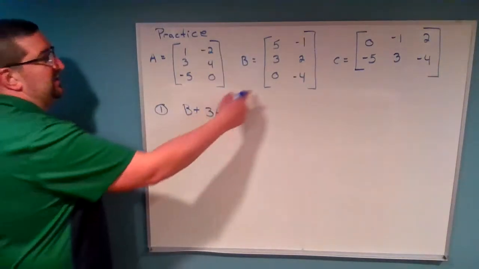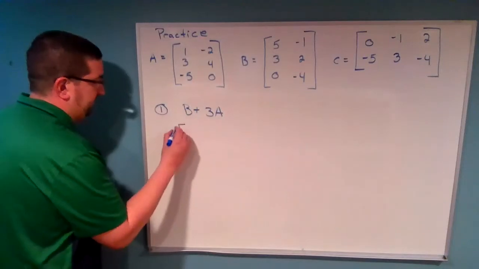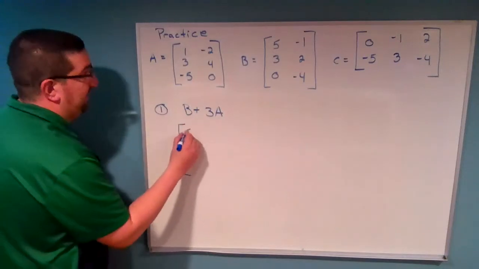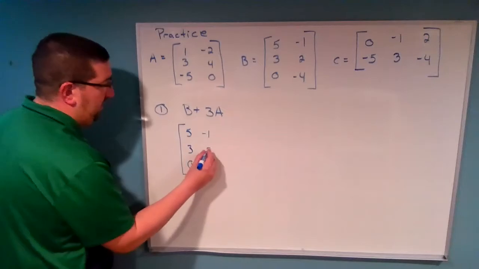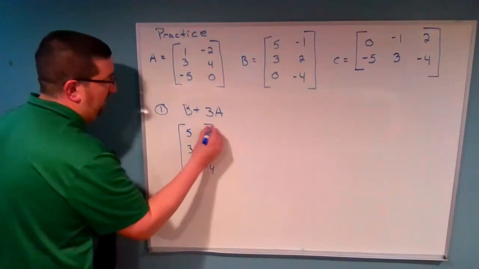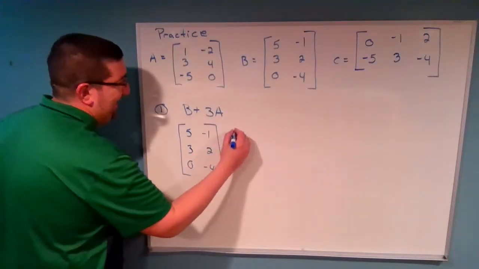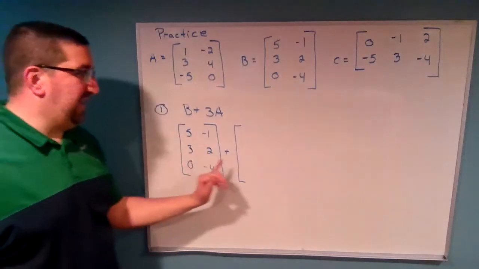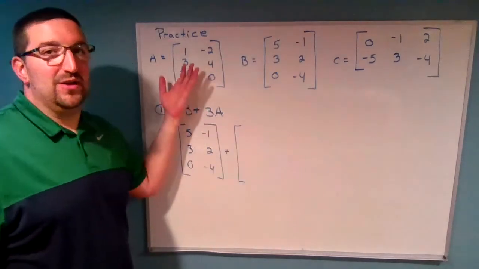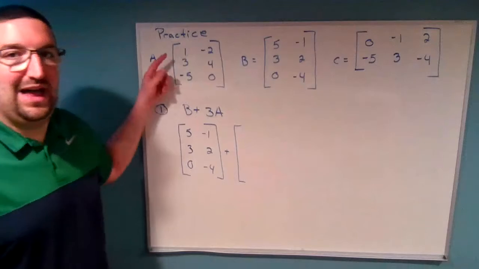So matrix B is what we start with, and that's going to be 5, 3, 0, negative 1, 2, negative 4. And that's going to be added to 3A. We could write 3A out in a step, but I'm just actually going to multiply it.